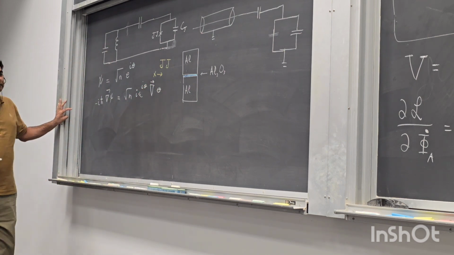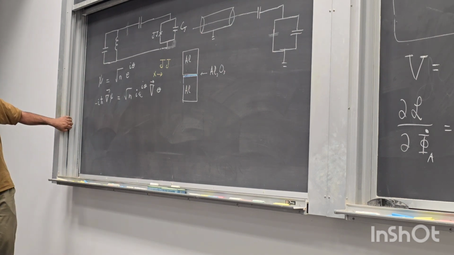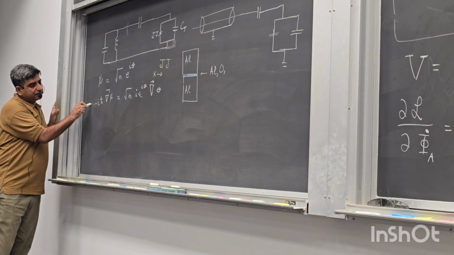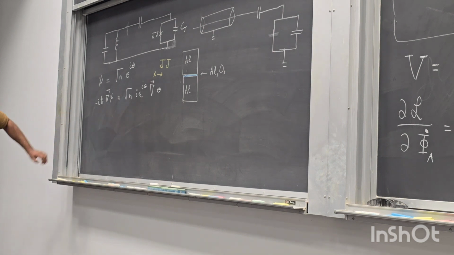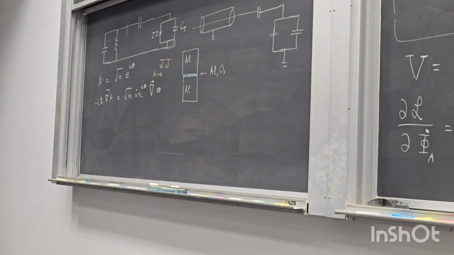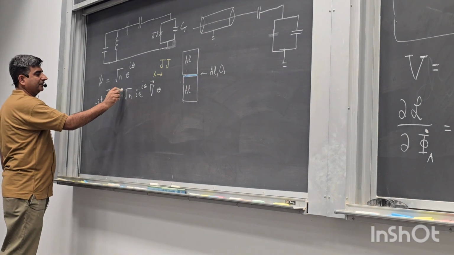Correct? This will be the momentum operator acting on the wave function. Okay, so now what I could do is... there's a minus iota h bar, and minus iota h bar.